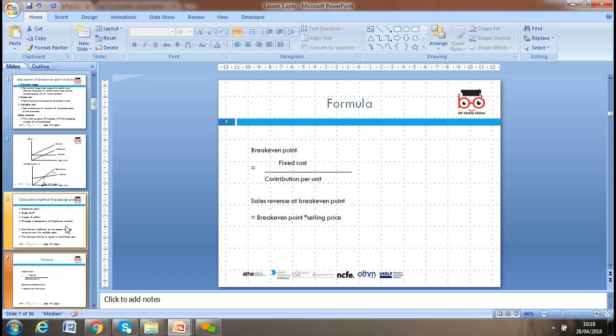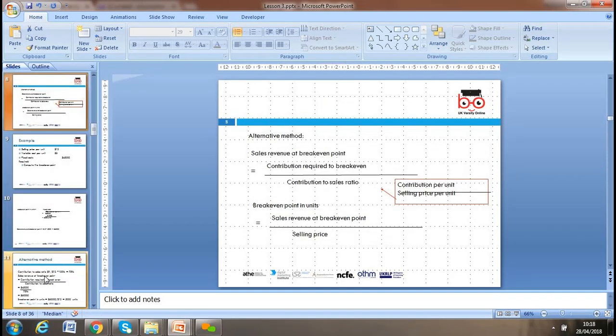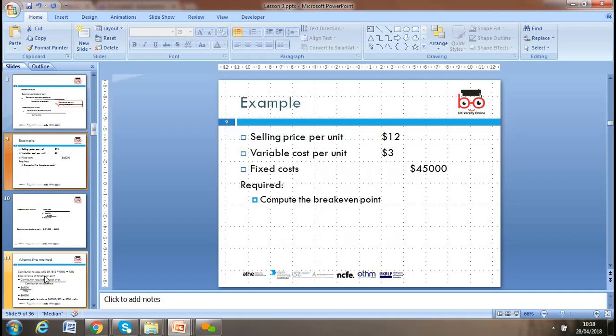Then at this break-even point, how much is the value of the sale? It will be break-even point times the sale price, we can calculate our value of the sale at the break-even. So we'll keep simple formulas.